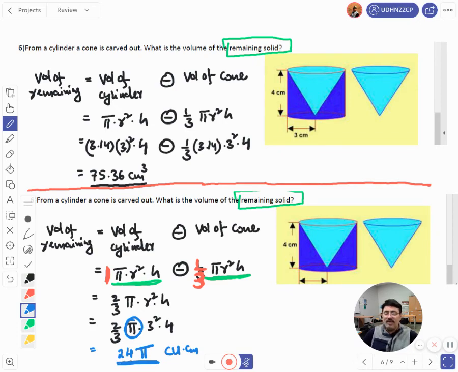Based on the options given in the question, you have to change your calculation method. So I'm taking my calculator. The 24 pi means 24 times 3.14. That is giving me 75.36. So basically these two methods are giving me the same answer. Here, lots of calculations. In the second method, I gave a simple example: one pizza, take away one third pizza, then you are left with two-thirds. Then two-thirds pi r square h, just plug in the numbers.